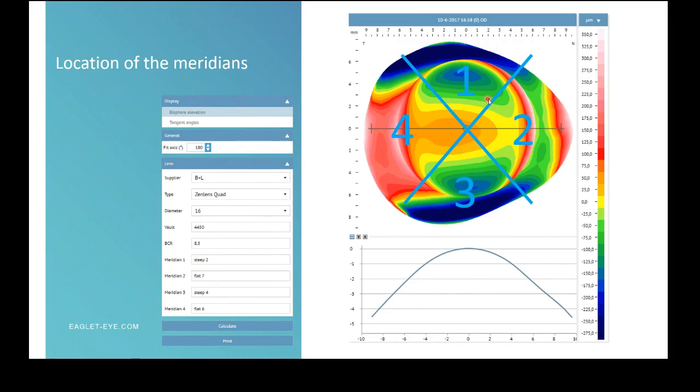Meridian 1 is superior, meridian 2 is on the right side, 3 inferior, and 4 on the left side. In this example, you can see that it is following the shape of this toric eye. So meridian 1 and 3 are the vertical meridians, so they are steeper, steep 2 and steep 4. And meridian 2 and 4 are flat, flat 7, and flat 6.